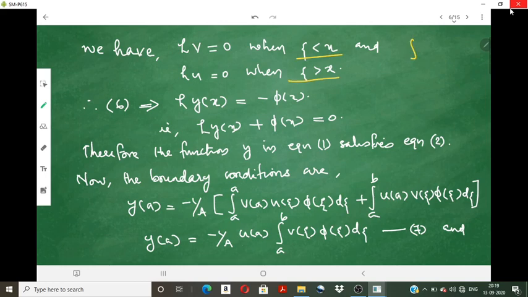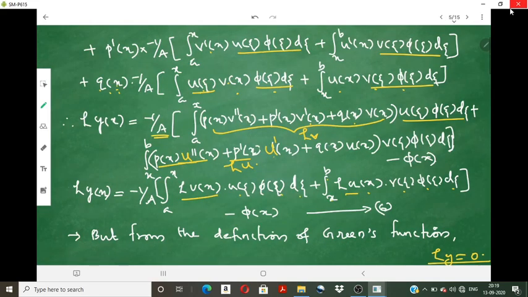So theta less than x means its upper limit is x. So in the interval a to x, LV equal to 0, and in the interval from x to b, LU equal to 0.